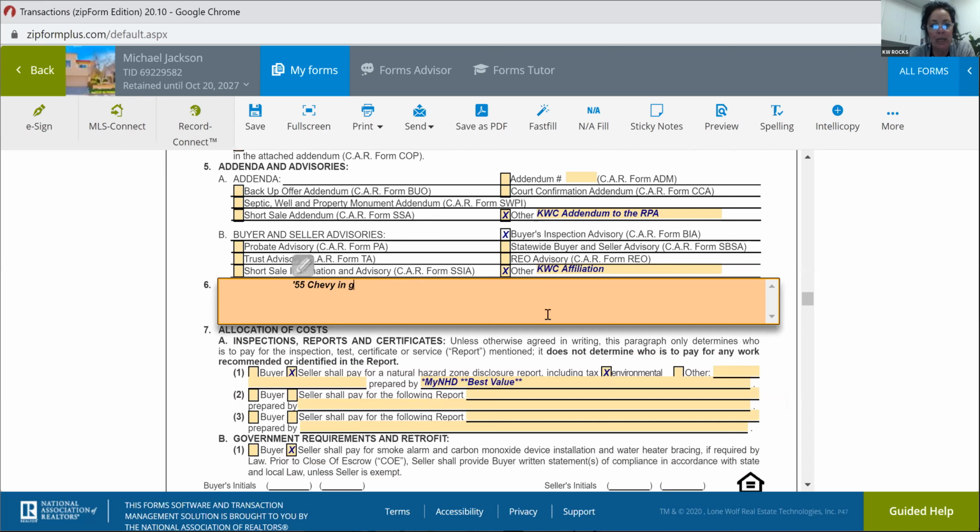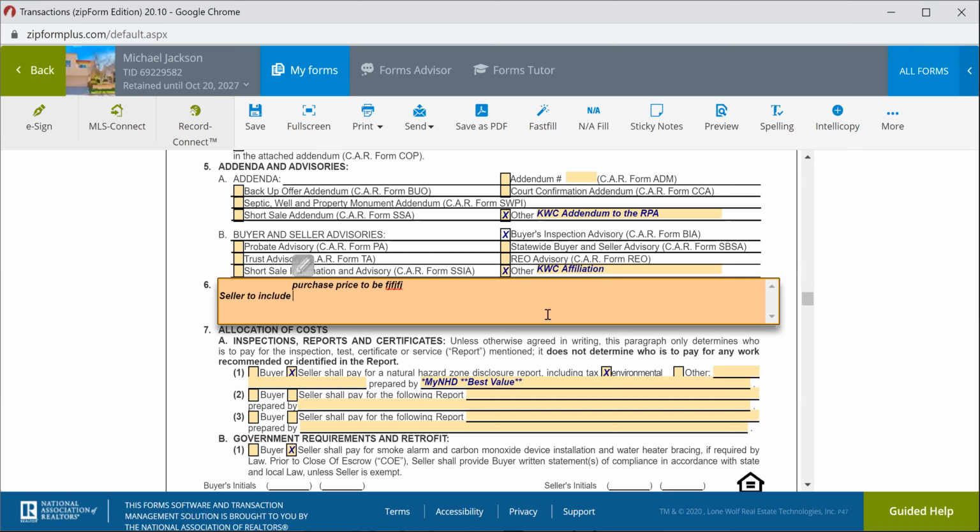And especially when it comes to the counter offers, which will be another training, be clear and concise and simple with what you're trying to relay, okay? Because if it's ambiguous to you, it will be ambiguous to everybody else. There's no clarity. Does that make sense? I know this is silly, but purchase price to be blah, blah, blah, right?